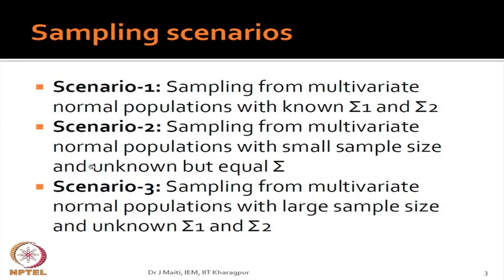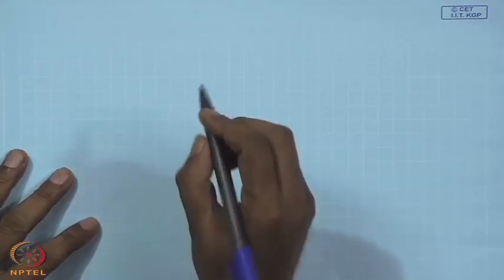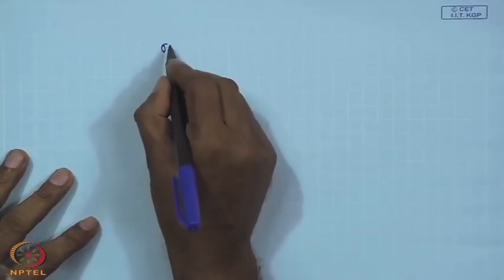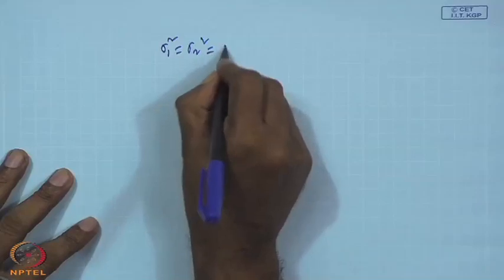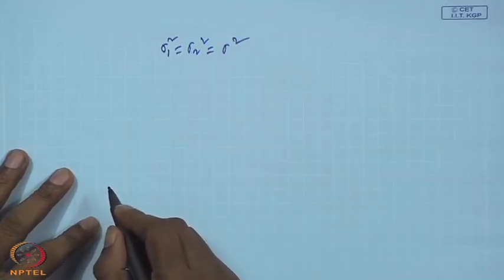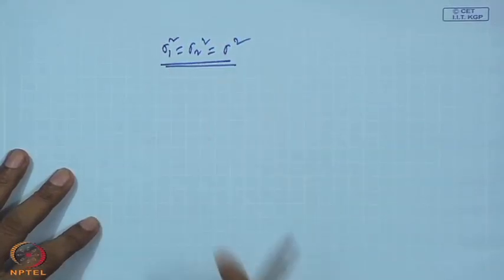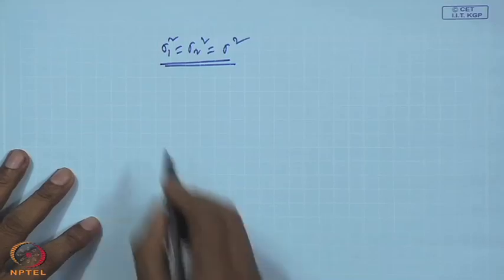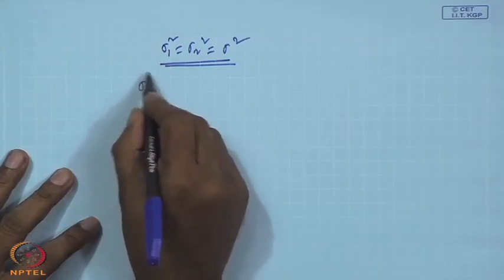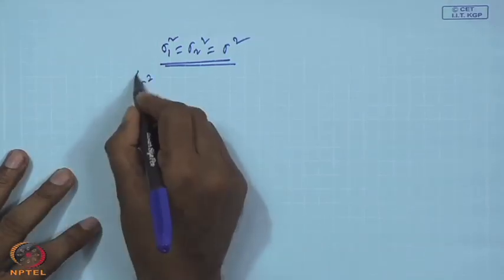Now, in the univariate case, you recall that we said that if sigma 1 square equals sigma 2 square equals sigma square, then we used a certain estimate of sigma square. What is this?